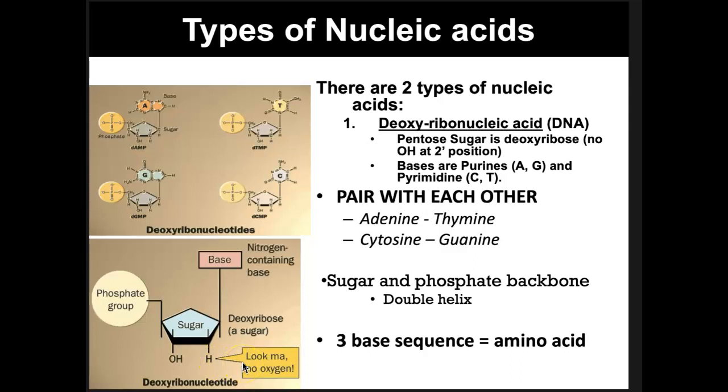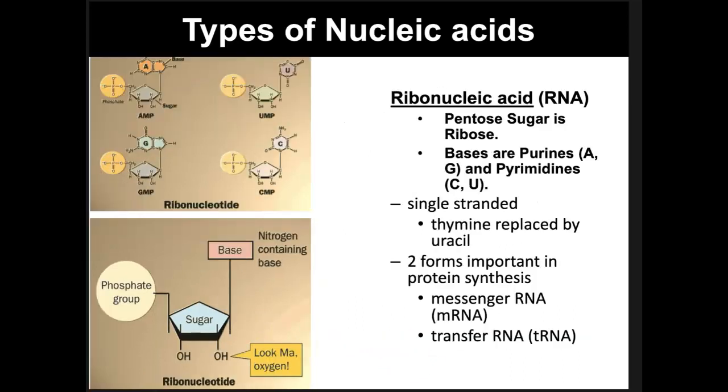The bases of DNA are adenine, thymine, cytosine, and guanine, and they are listed as they pair with each other. For RNA, similar, we have a pentose sugar, but this sugar is ribose. The bases are different. RNA is a single-stranded molecule, and thymine is replaced by uracil in this particular molecule.